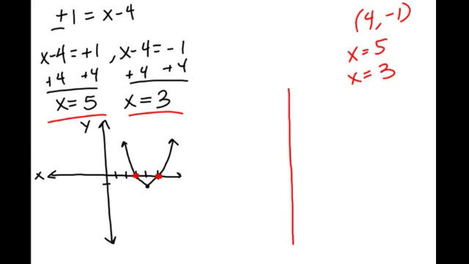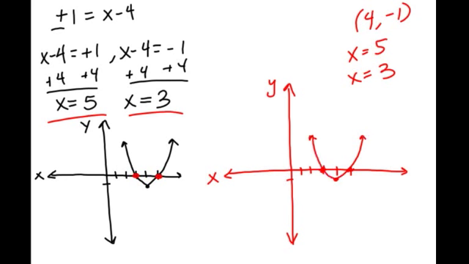It's the same equation, I've just solved it differently. Vertex still at 4, negative 1. My intercepts at 5 and 3. And there's my graph. Same exact graph.